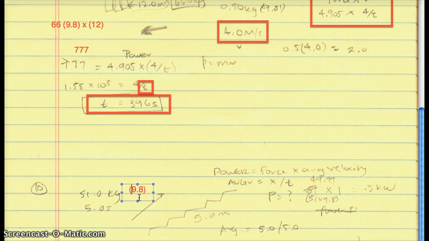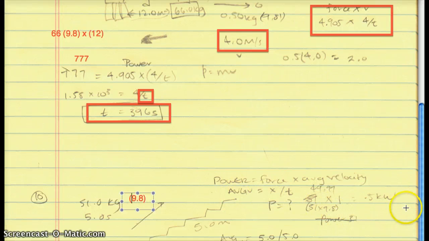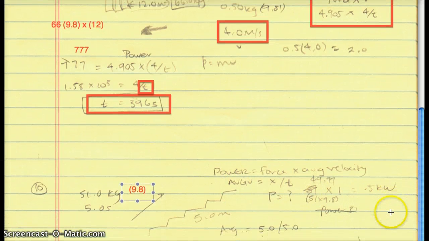So 51 times 9.8 is going to give us approximately 500, right? So we're going to use that 500, and we're going to multiply by 1, and we're going to get 500 again.